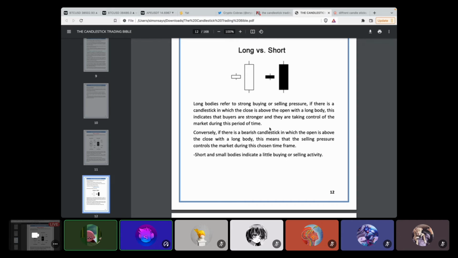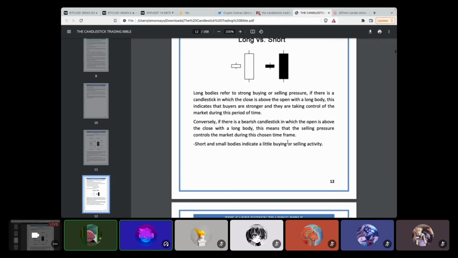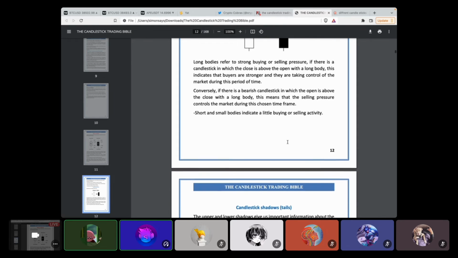Conversely, if there is a bearish candlestick in which the open is above the close with a long body, this means the selling pressure controls the market during this chosen time frame.